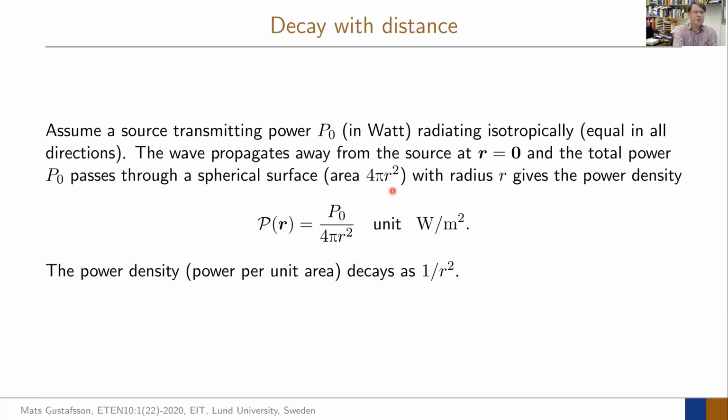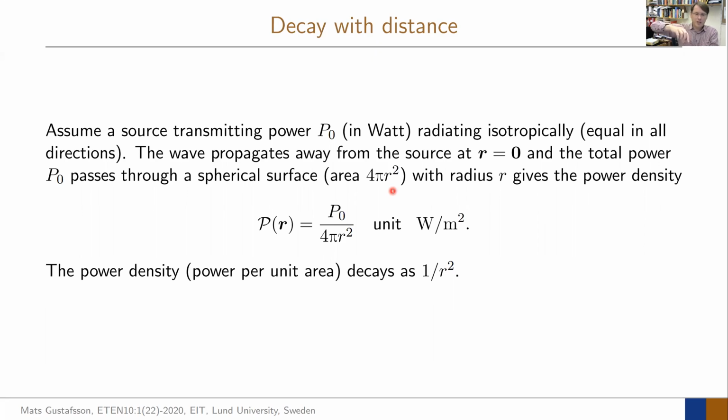So now if this was in a two-dimensional setting instead, imagine this is an infinitely long cylinder radiating out. What would the decay be in the cylindrical case? How does the power decay in that case? Then you have to do exactly the same thing. And you can see, of course, it's invariant in the height direction. It's a huge cylinder.